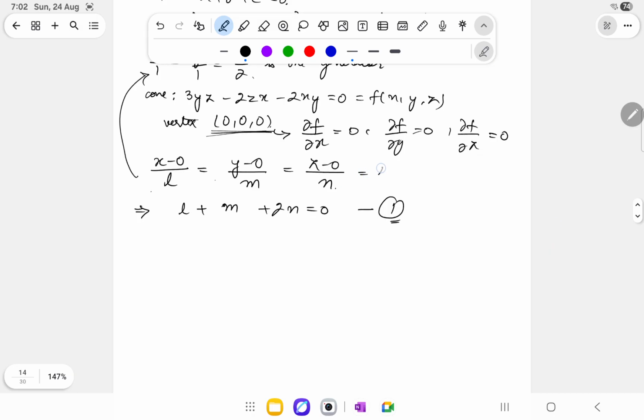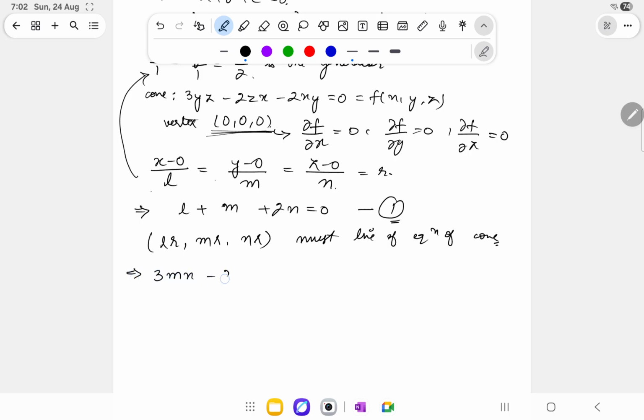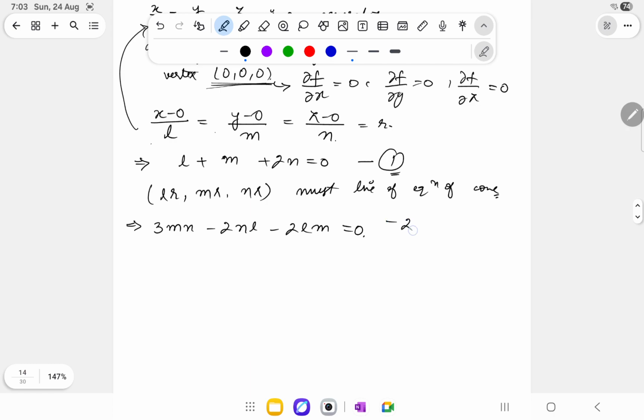Further, if this is a generator of the cone, any arbitrary point on the generator, that is lr, mr, nr, must lie on the equation of the cone. So using that, I will get 3mn minus 2nl minus 2lm equals to 0. Now I can solve equation 1 and equation 2 to get values of l, m and n.